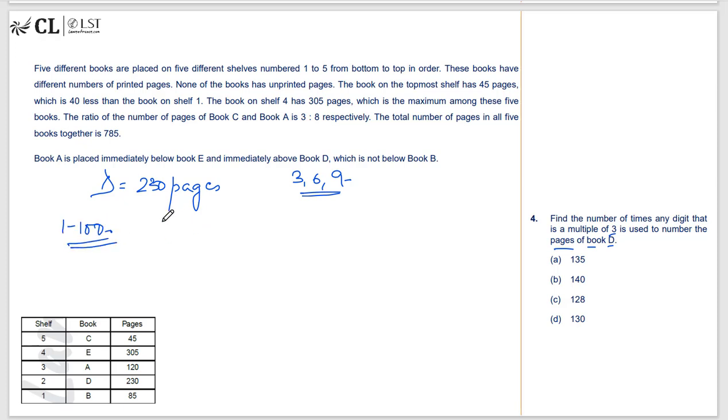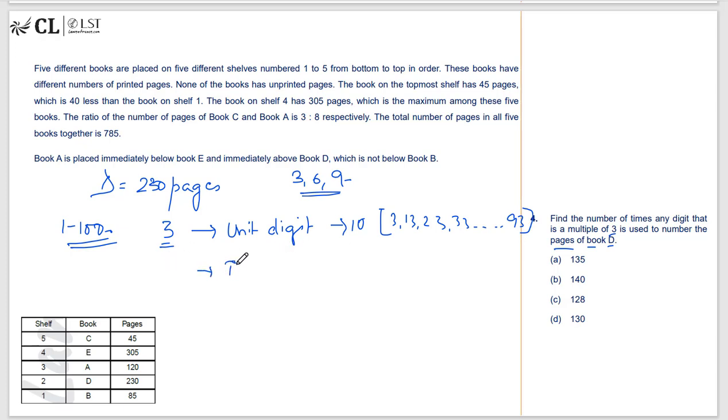Okay. Now let's understand this between 1 to 100 first. If I take the case of 3, 3 at units place will be used 10 times. You can just quickly understand: 3, 13, 23, 33, and so on till 93. There are 10 numbers where 3 has been used at units place.